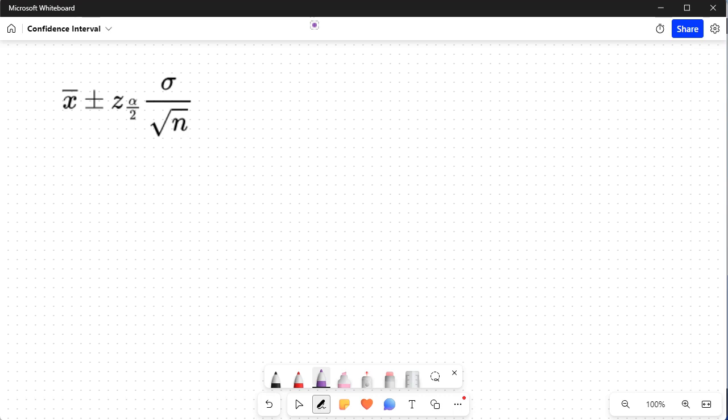So let's say that we begin by looking at an assessment of a standard calculus exam, where the standard deviation was given to be 3 points. We have x bar, which is the sample mean of a given standard calculus exam, which is 68.